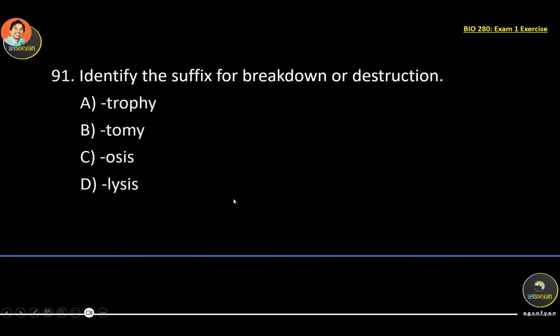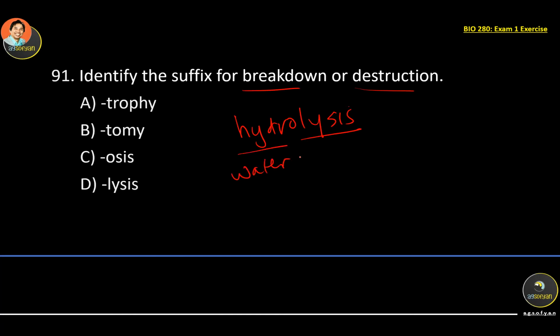Identify the suffix for breakdown or destruction. Breakdown, destruction. A, B, C, or D. Maybe you heard about hydrolysis. Lysis, hydro means water. So this is the process of breaking down a bigger molecule, for example sugar, using water.